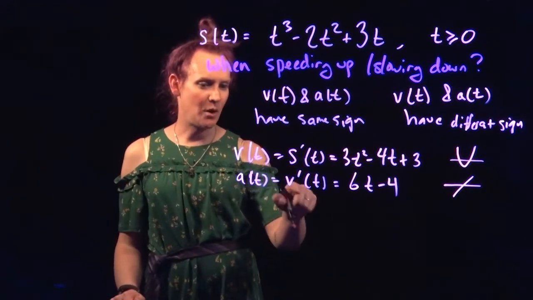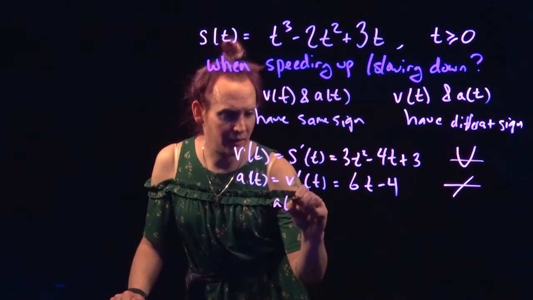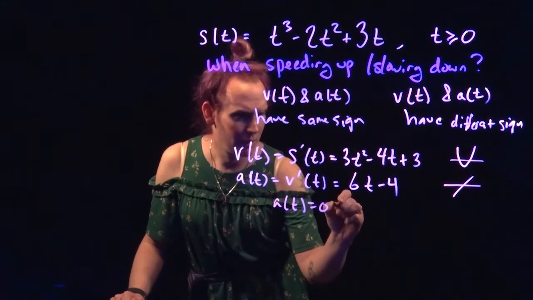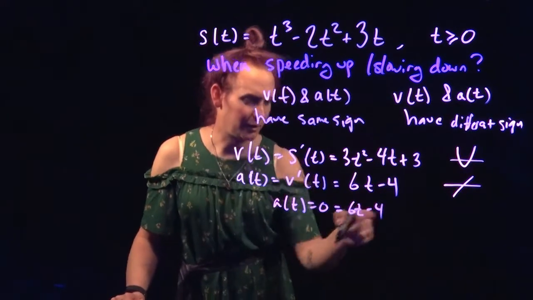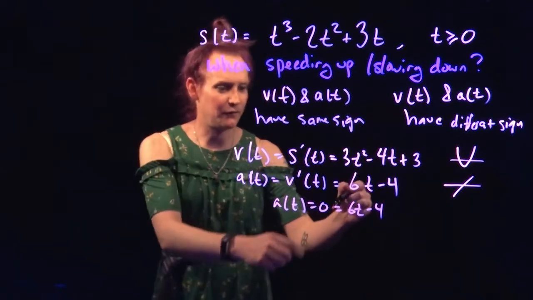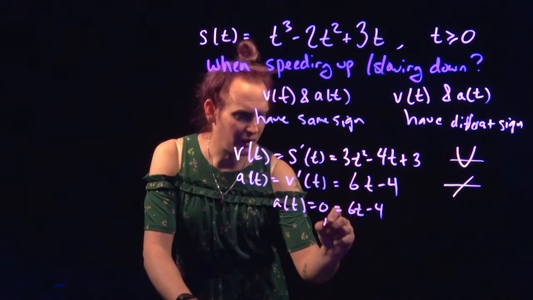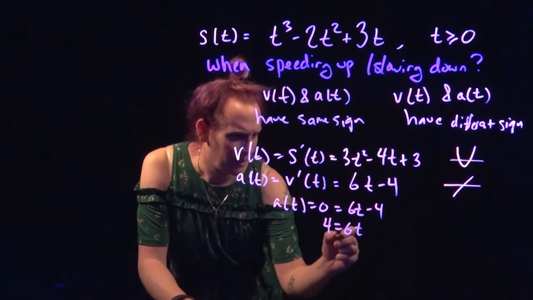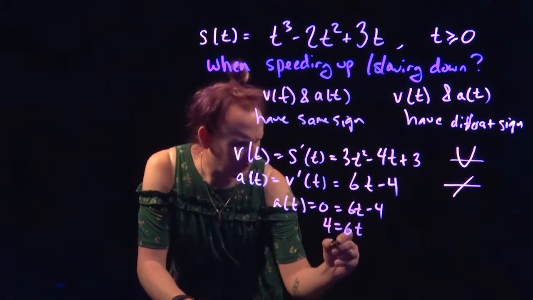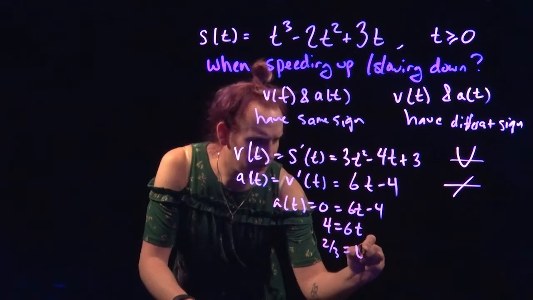Okay, so a of t equals 0 means that 6t minus 4 equals 0. We can add 4 to both sides, and I'll have 4 equals 6t. Then divide by 6 on both sides, and 2/3 equals t.